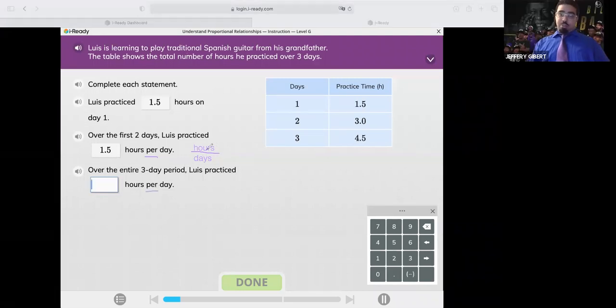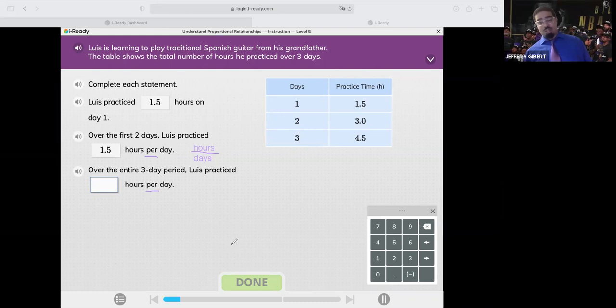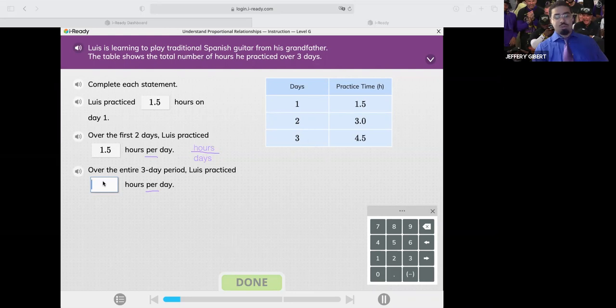So it's the same thing, hours over days. Oh, so I'm dividing by it? Yes, you're going to be dividing the hours by the days. It's the same thing. It's 1.5. Yes, 4.5 divided by 3, and it gives you 1.5.